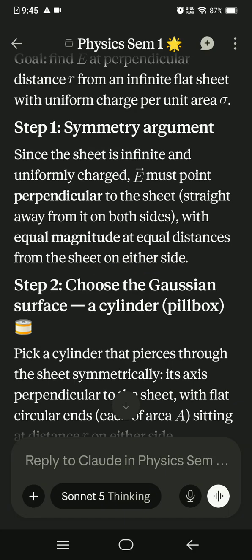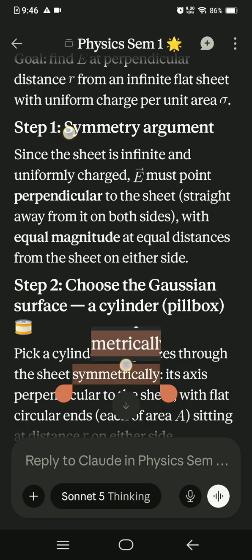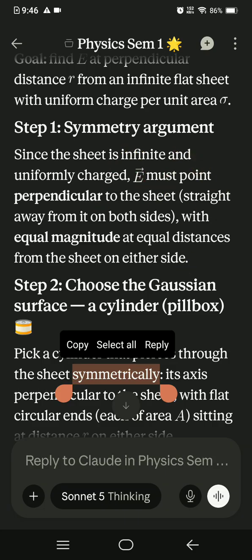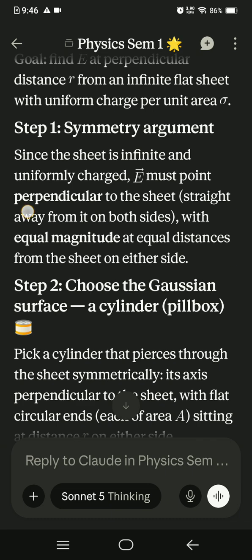So what they are saying is that because the sheet is infinite and uniformly charged all over, the field is going to point outwards like this, and at a particular distance its intensity, its magnitude, is going to stay the same at equal distances.